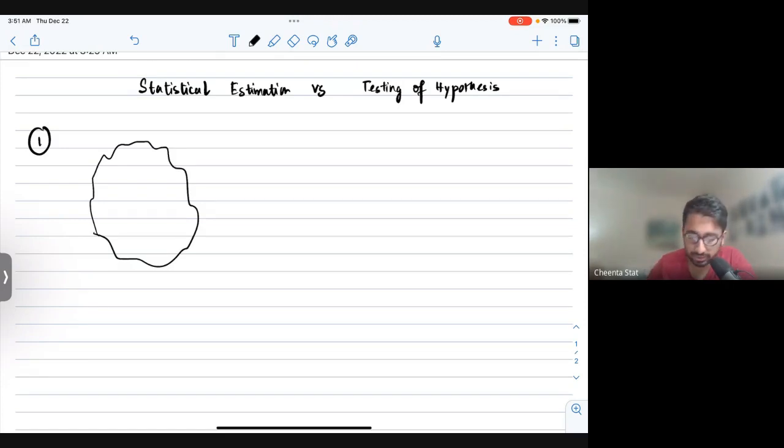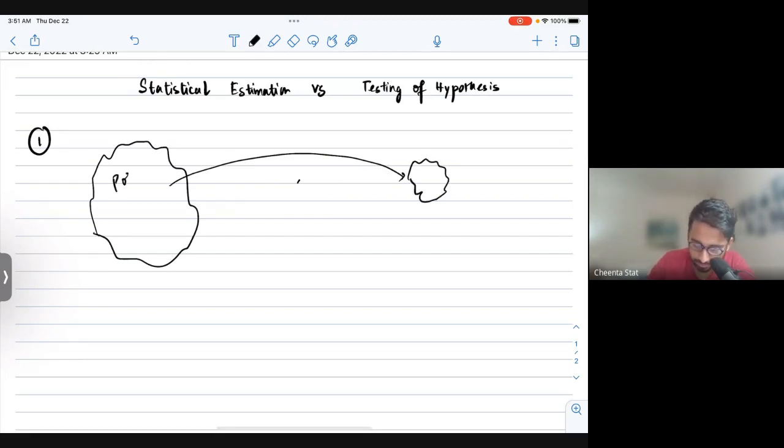Out of that population, you're taking out a smaller sample, which you assume represents the population, and from this sample, you use methods. This is the population. This is the sample.